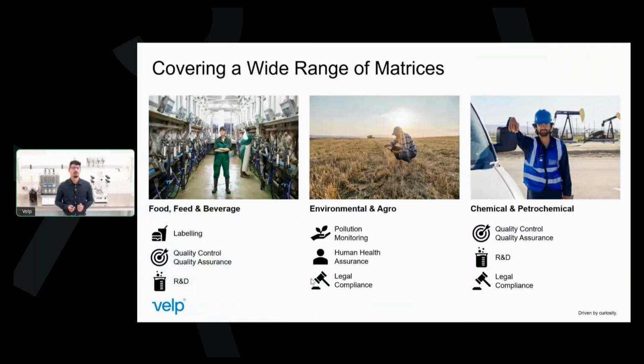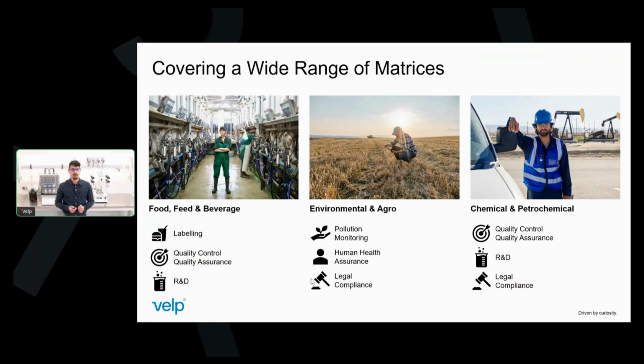When we talk about solvent extraction, we can cover a wide range of applications, and we can analyze a wide range of different matrices. We can start with food, feed, and beverage. In this case, the labeling side is very important.